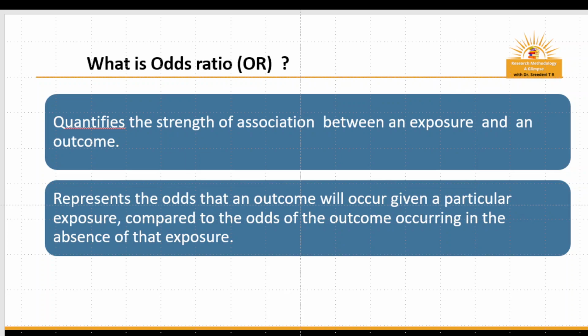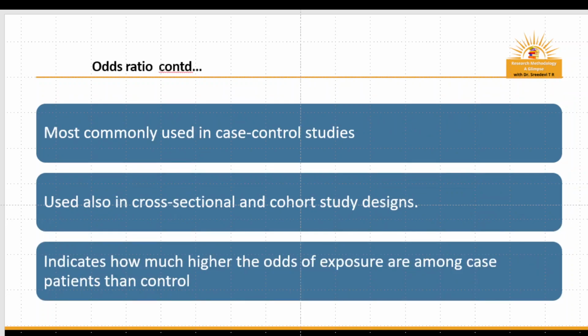In other words, any association between the risk factor or factors with disease. Odds ratio is mainly used in case control studies, but it may also be used in cross-sectional and cohort study designs. In cohort study designs, relative risk is used more than odds ratio. Odds ratio indicates how much higher the odds of exposure are among cases than in the control group.